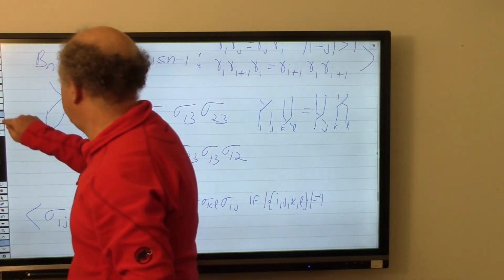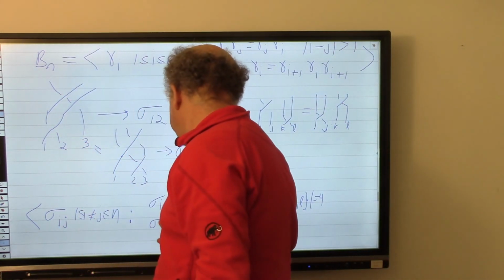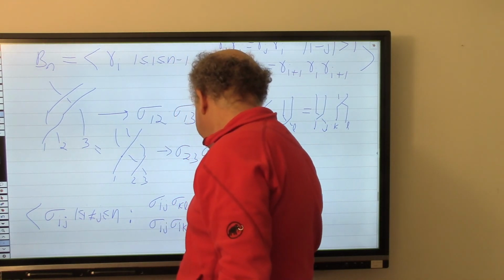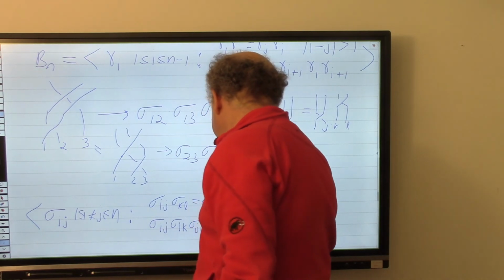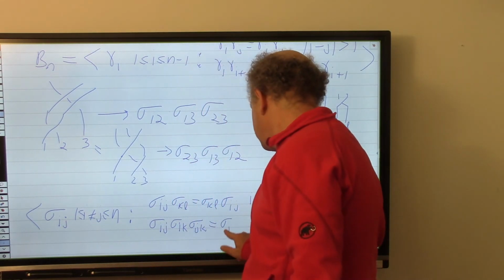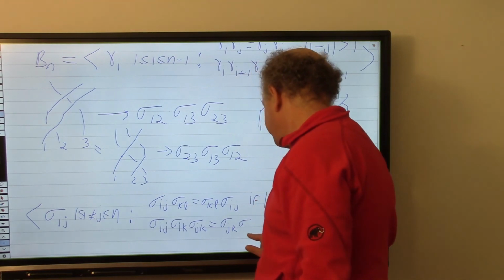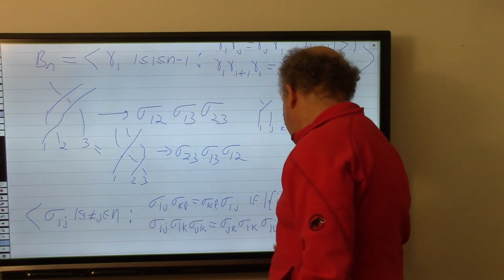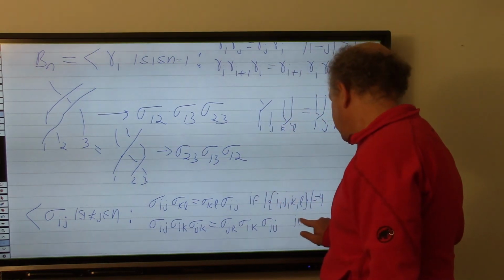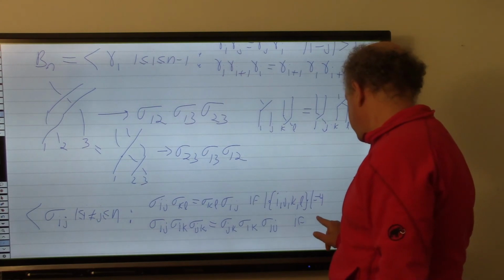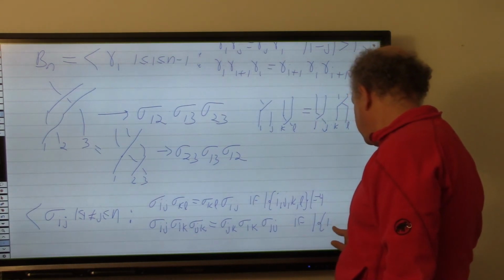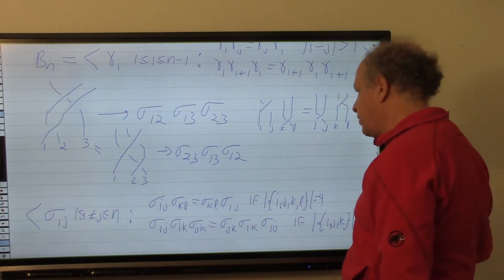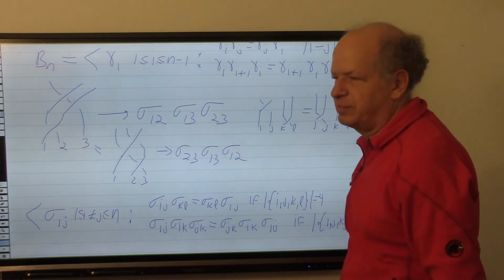So the relation could be sigma ij, sigma ik, sigma jk is equal to sigma jk, sigma ik, sigma ij, provided all 3 are different from each other. So ijk is a set of size 3. And this is the end of the presentation.